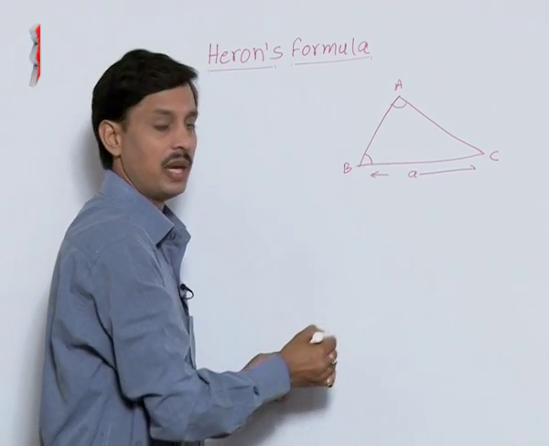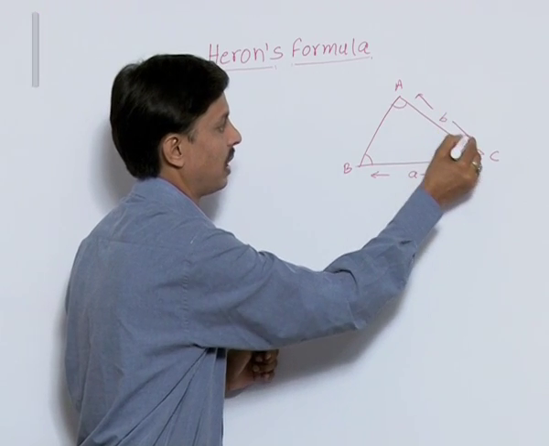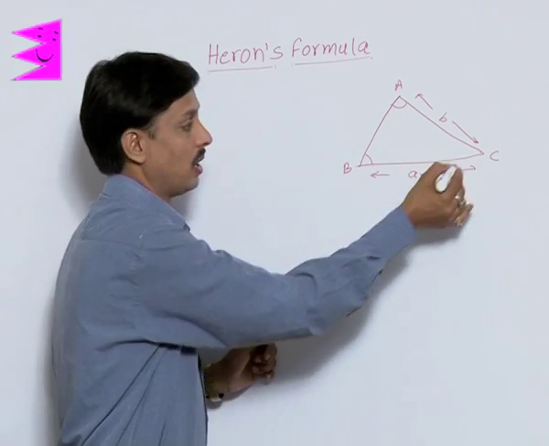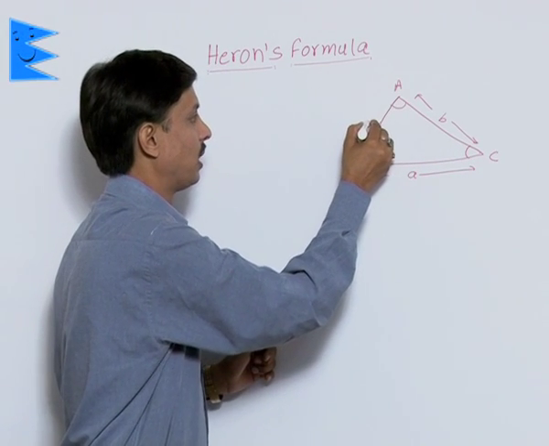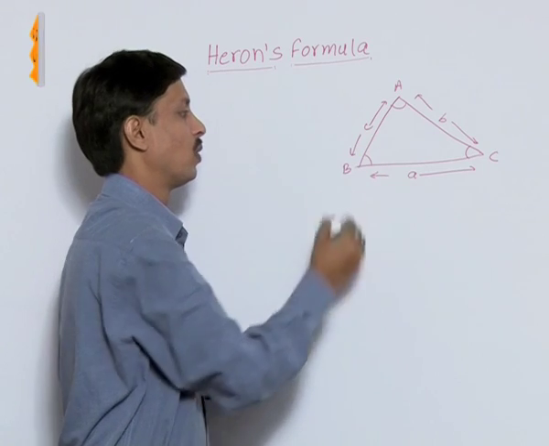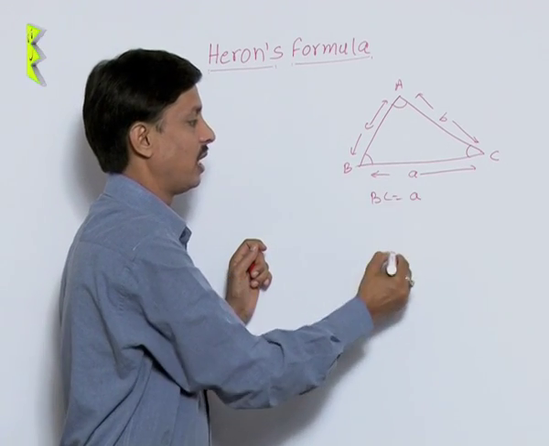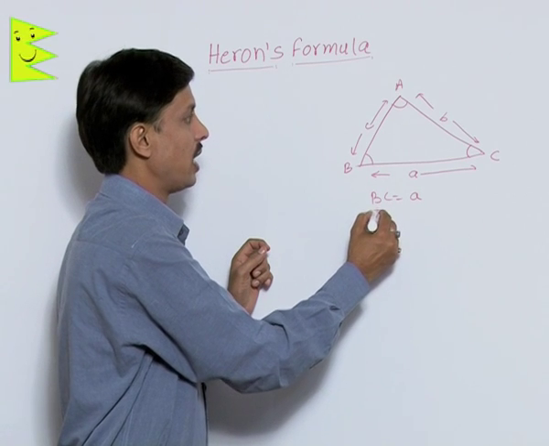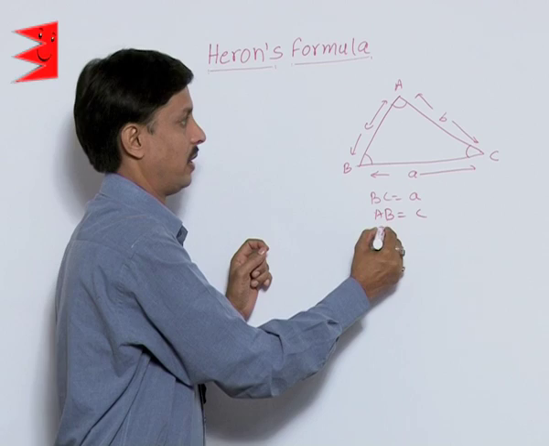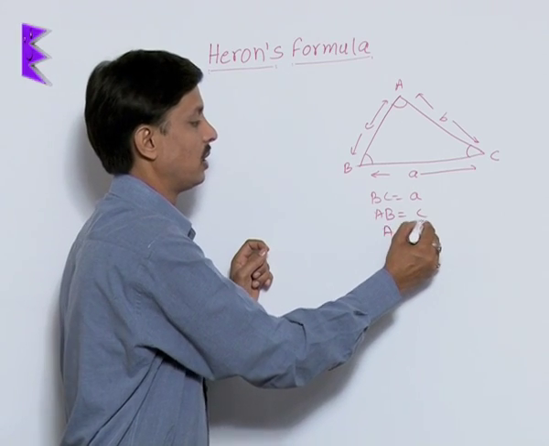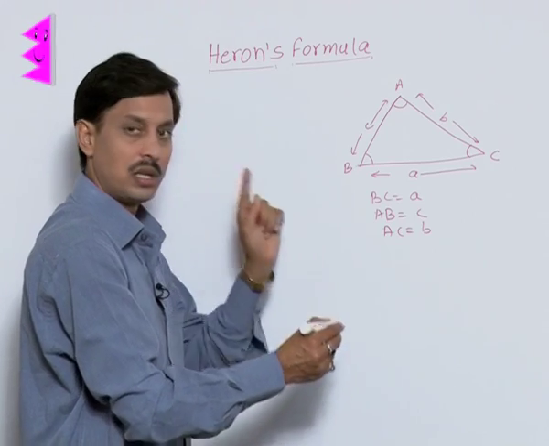This is angle B, so opposite to this is AC, with length b. This is C, so opposite to this is AB, and its length is given by small c. BC length is a units, AB length is c units, and AC length is b units.